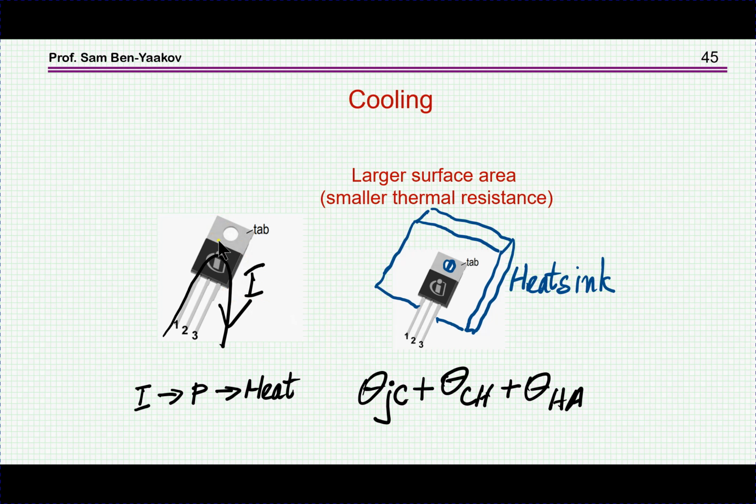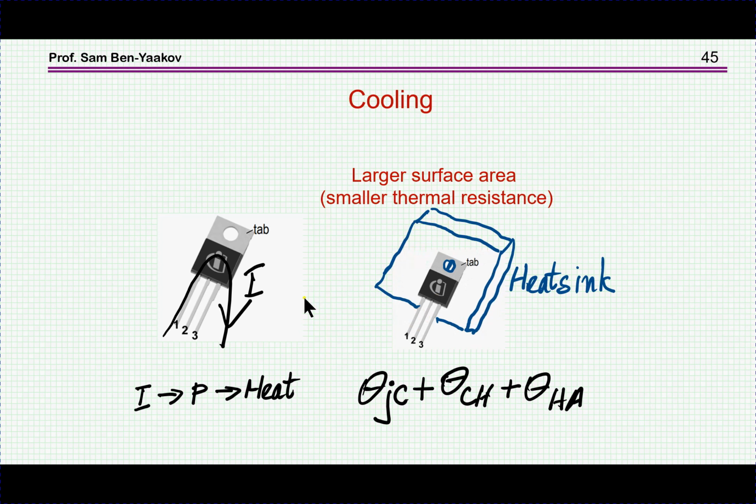But anyhow, we have here a metal part which is getting hot, and in order to cool the unit, I can connect it to a heatsink. In this case, it's just a flat metal, to which the transistor is screwed or bolted. And the surface here is much larger, so therefore we have better convection.